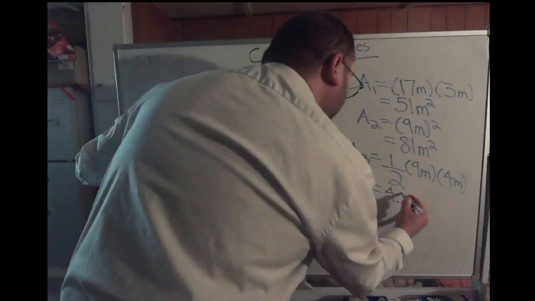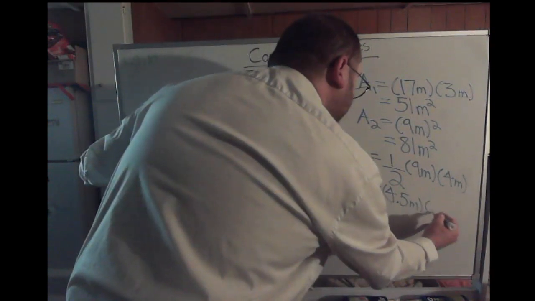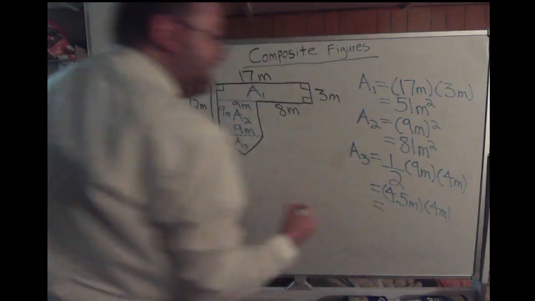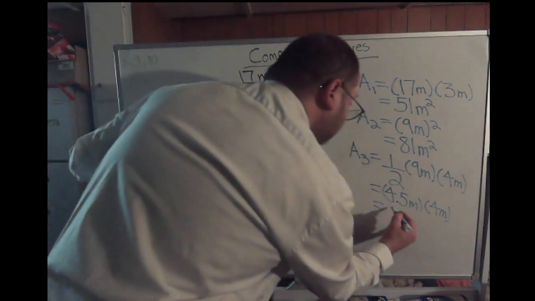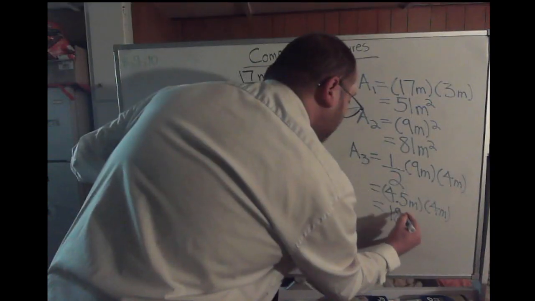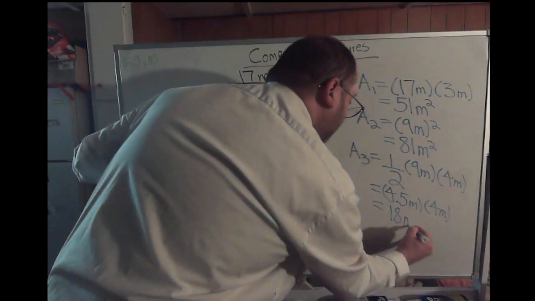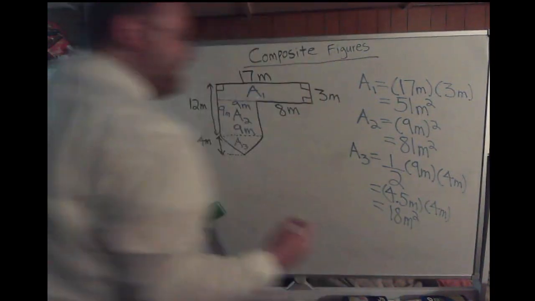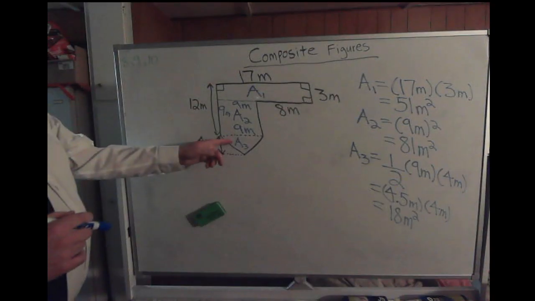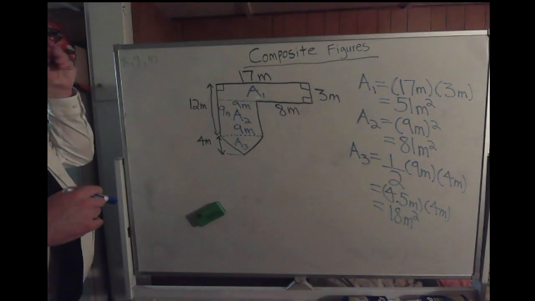So what you'll have is 4.5 meters times 4 meters. 4.5 times 4 is 18. And then meters times meters is, well, meters squared. So the area of this triangle is going to be 18 meters squared.